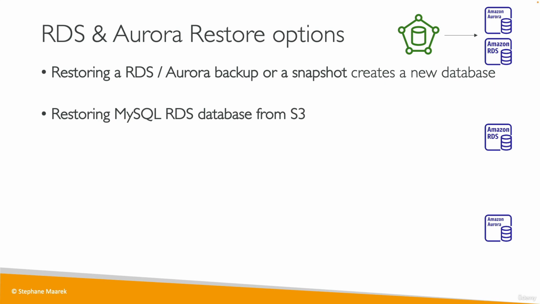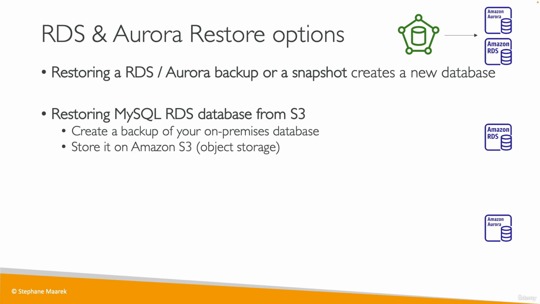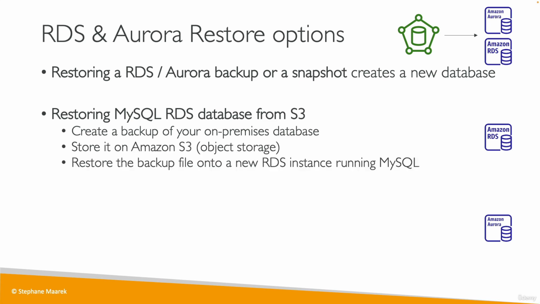It's a very popular service. And the idea is that you will create a backup of your on-premises database, and then you will place it onto Amazon S3, which is some object storage. And finally, there is the option in RDS to restore the backup file from Amazon S3 onto a new RDS instance running MySQL.